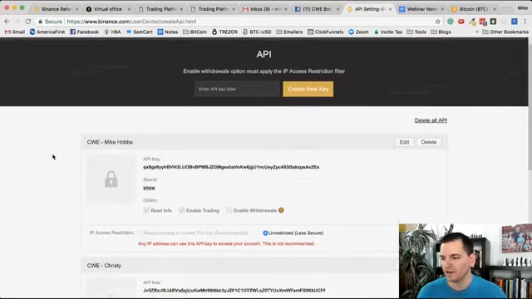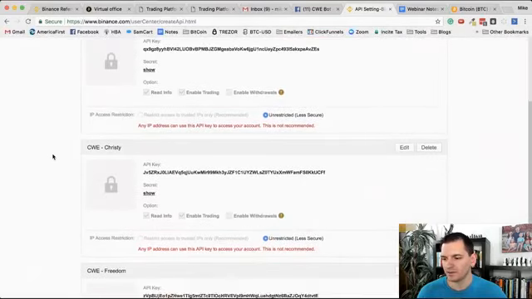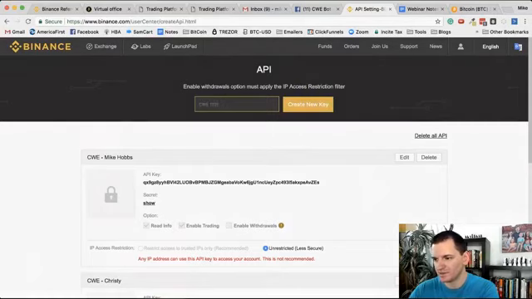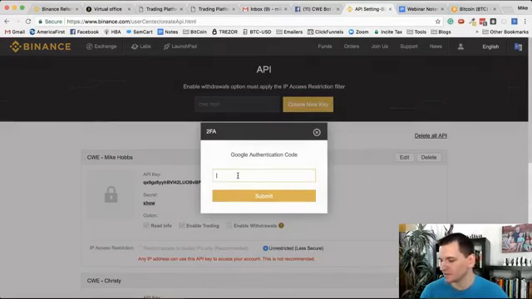Okay. And then you're going to click up here where it says create new API. So you're just going to name it CWE. I'm going to name mine CWE test. And then it's going to ask for your Google authentication.